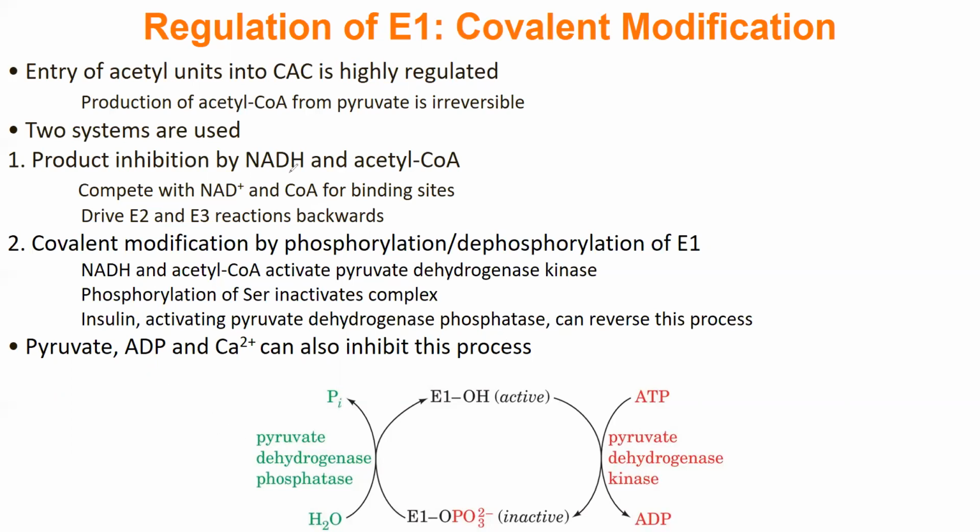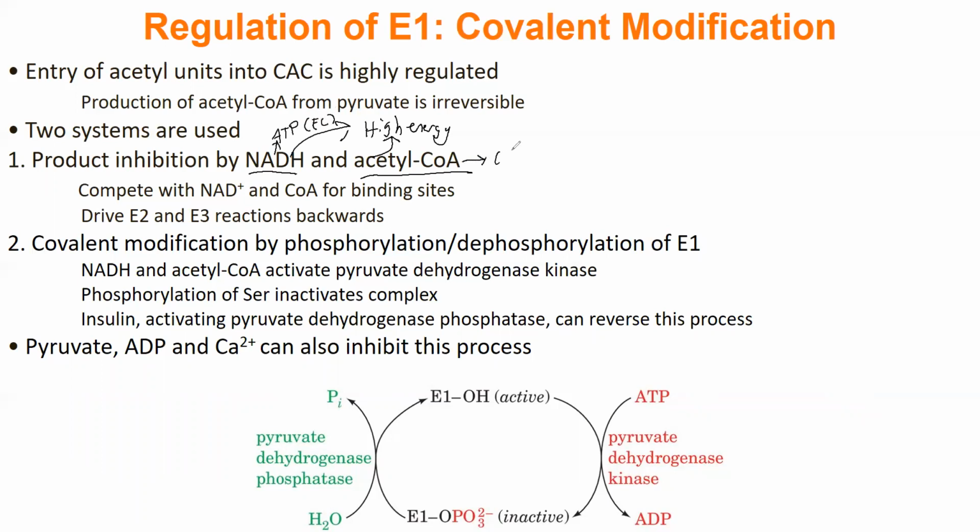2 different ways to do this. One, we can inhibit PDH by the amount of NADH and acetyl-CoA. Again, remember, these things mean high energy. NADH makes ATP by the electron transport chain, I'm going to say that's EC here.